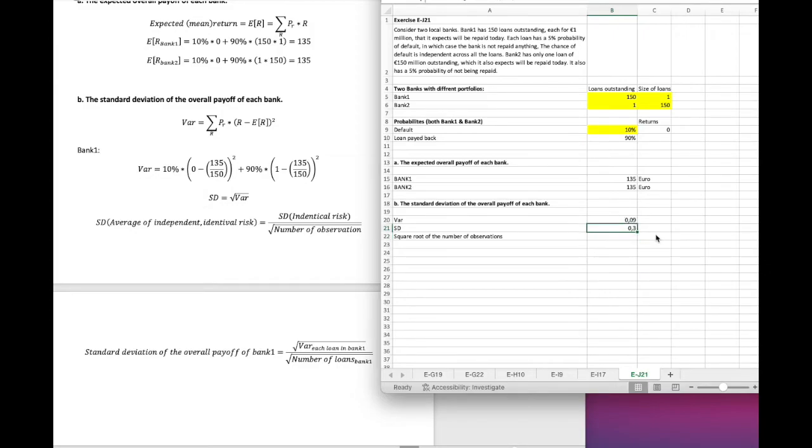That gives us a standard deviation of 0.3.